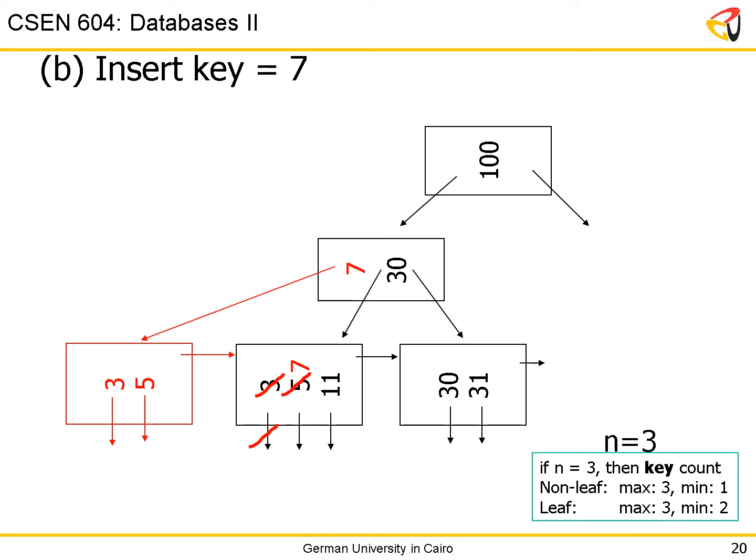I'm going to add the reference and add a key. Now the question is, which key? We have to remember the B plus 3 invariant, which is the same as the binary search tree invariant. Any value that appears to the right has to be greater than or equal to that value. Okay?